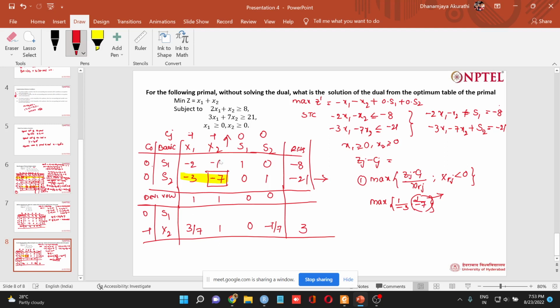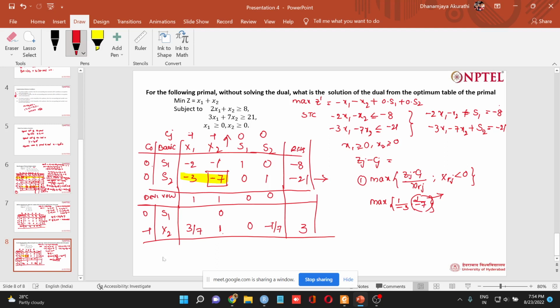When the corresponding column element should be 0, you can add this row and the old row and get the new row. If we add only, you can get 0 here. Minus 1 plus 1, 0. In a similar way, if we add these two, we can get the corresponding entries here.